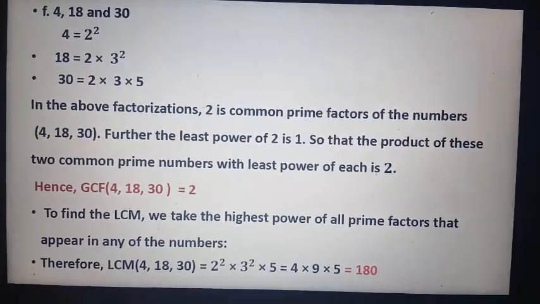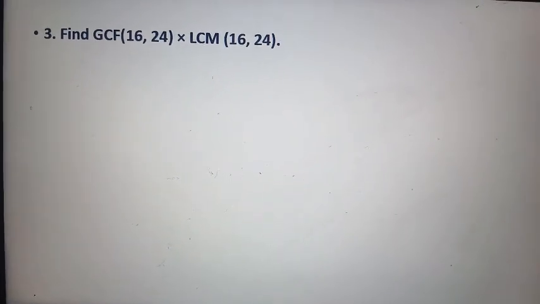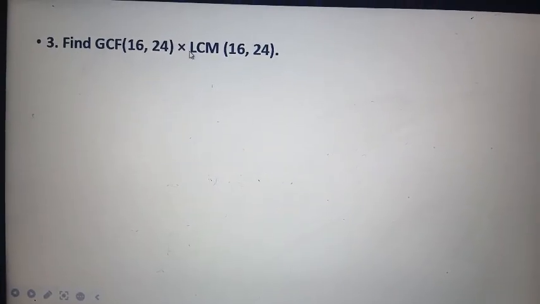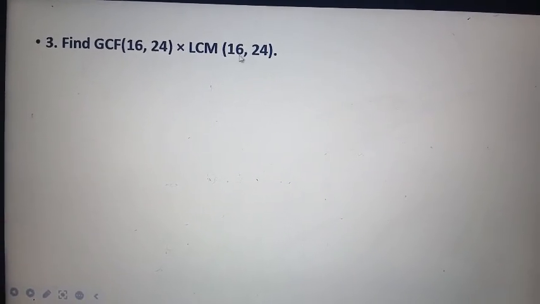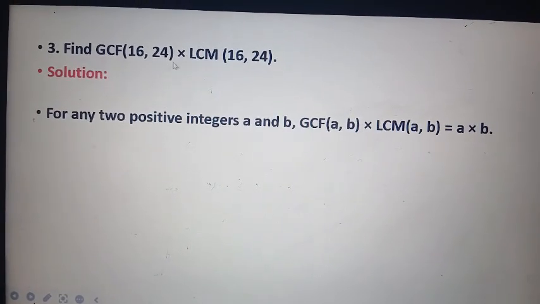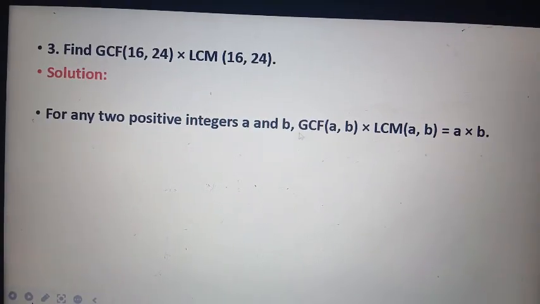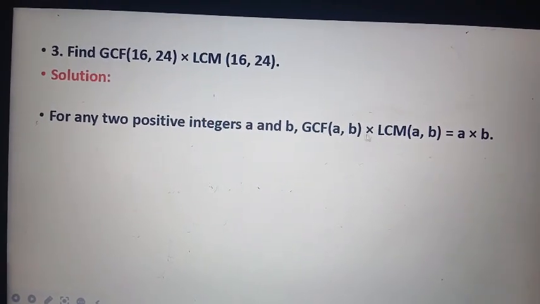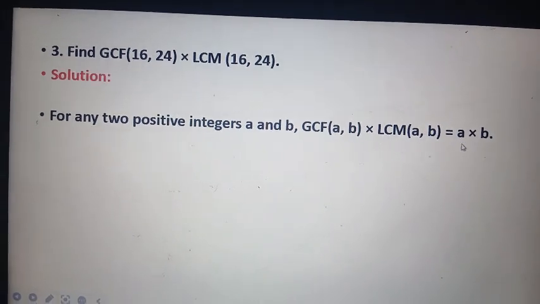The third one is to find the GCF of 16 and 24 times the LCM of 16 and 24. Given two numbers a and b, the GCF of a and b times the LCM of a and b is simply a times b.